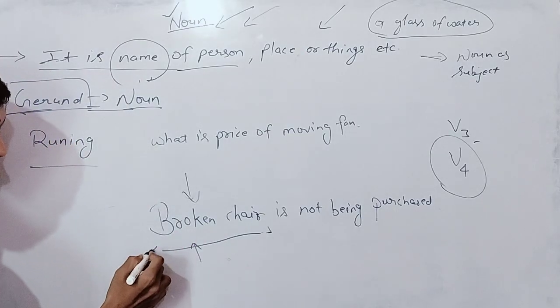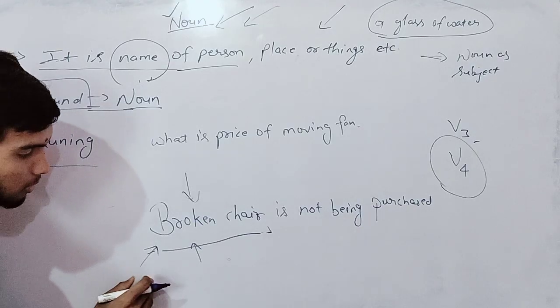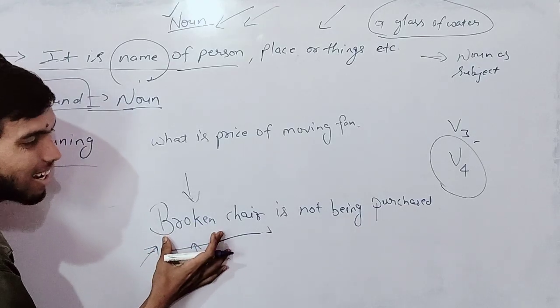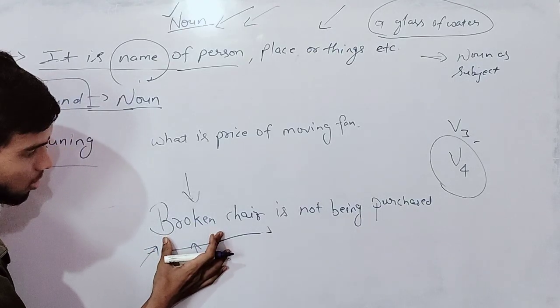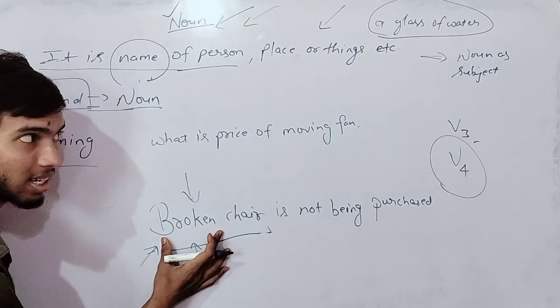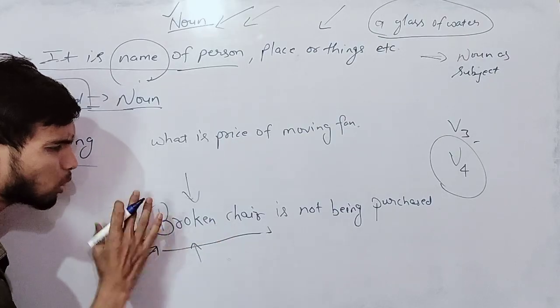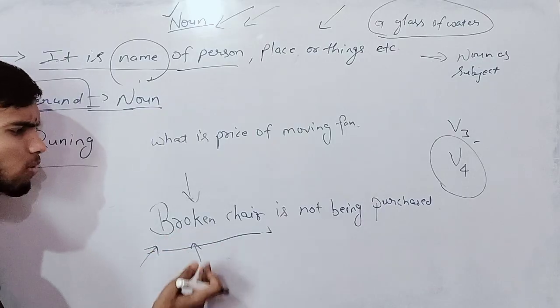But from the other side, we can see this is a verb. Why are we considering it as an adjective? Because we don't go by whether it is a verb or something else.